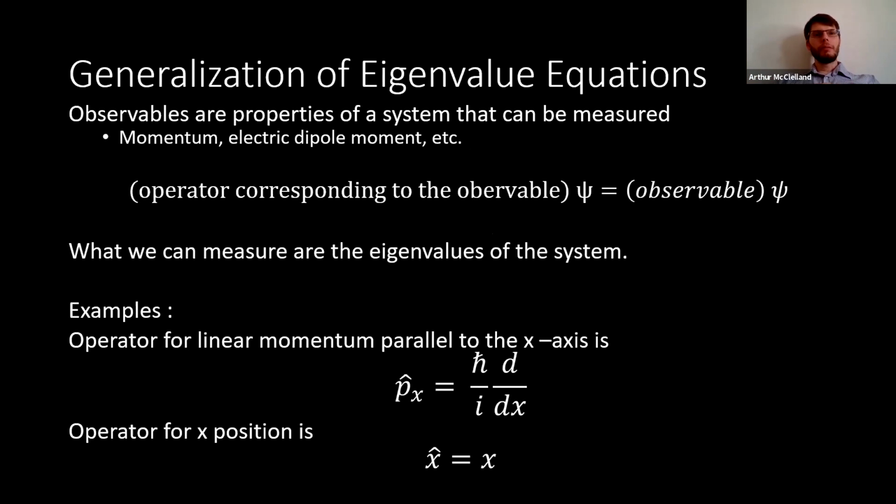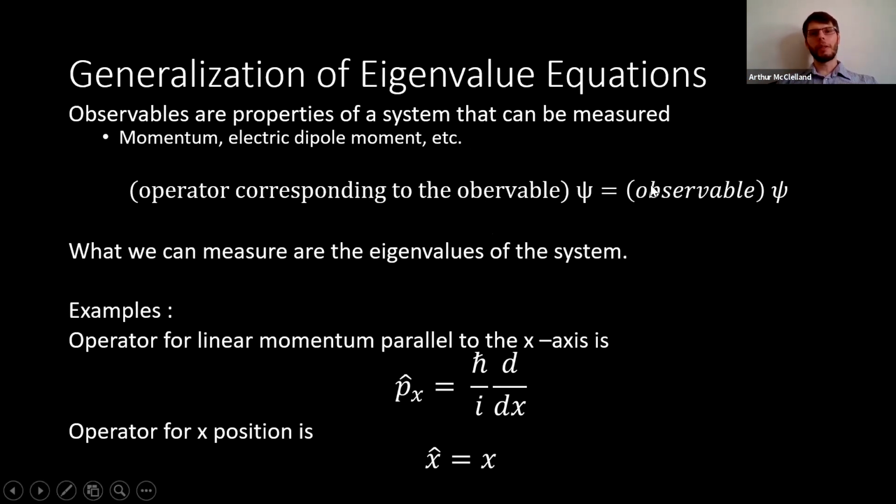So if we can generalize the eigenvalue equations a little bit, observables are properties of the system that we can actually measure. I'm an experimentalist, I want to measure things. I want to measure the momentum or the electric dipole moment or something like that. And so the eigenvalue equation is we have some operator corresponding to the observable.